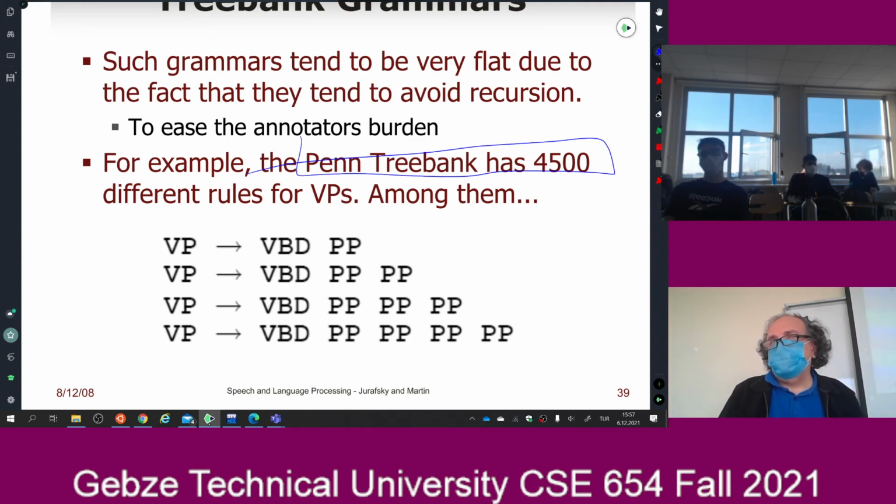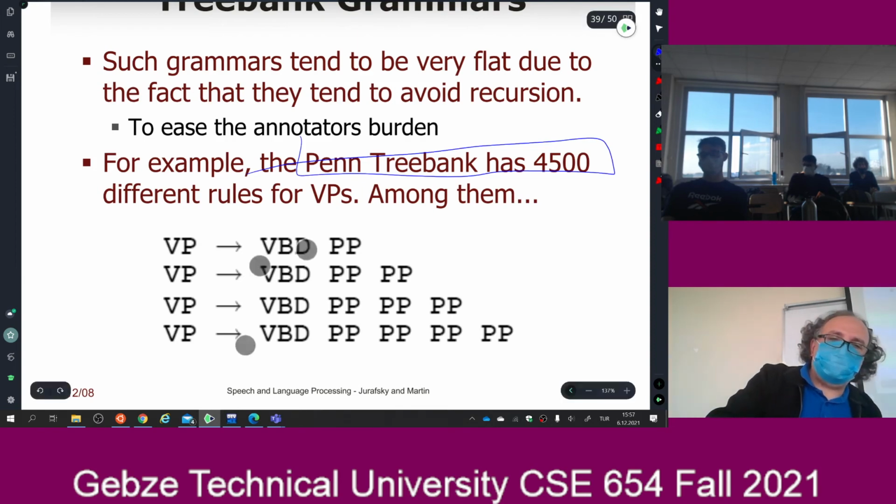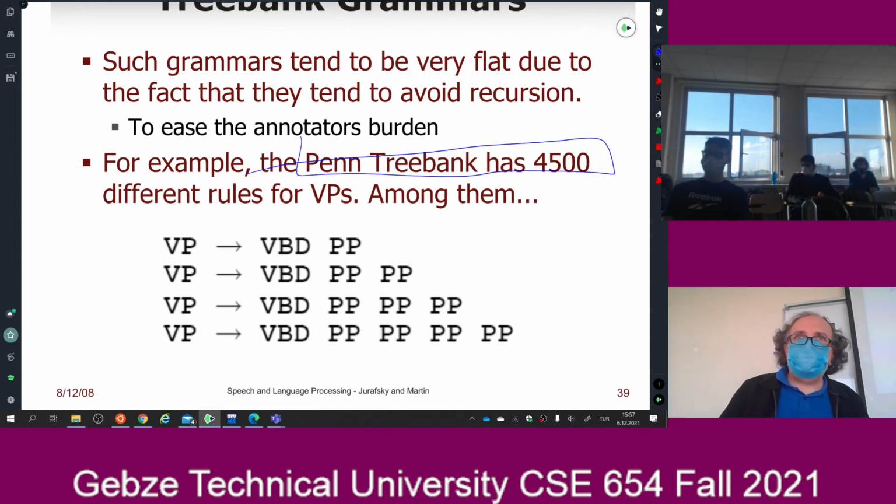Since there might be ambiguities in those trees, it is the task of the human annotator to eliminate those ambiguities and say that this is the one, or these two are possible.